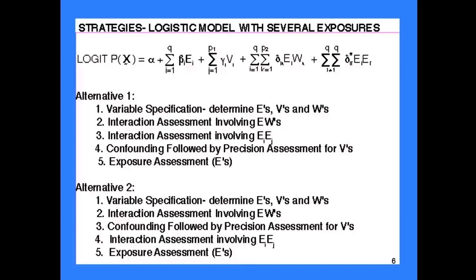That's what this step says. And then once you do this, then you do interaction among the E's. So these steps 3 and 4 are switched around here. And then you look at the E's after you've done everything, and we need to talk about that too. So there's a reason for each one of these steps, and there's no necessarily right way, and there's probably 35 other ones, but these are the two ways that make sense to me to do it.